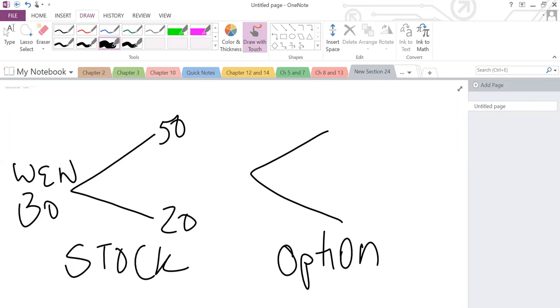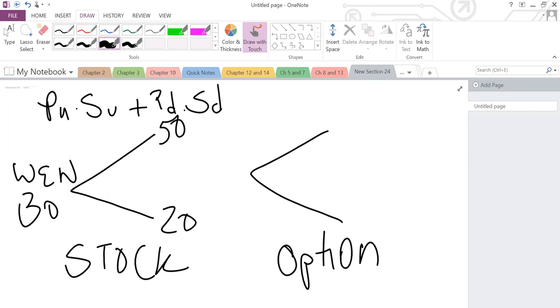to 20. Now, when we are looking at this, we have to keep in mind that any asset is priced in the following way. We take the probability of the asset price going up multiplied by the price of the stock if it actually goes up, plus the probability that it goes down multiplied by the stock price if it goes down.